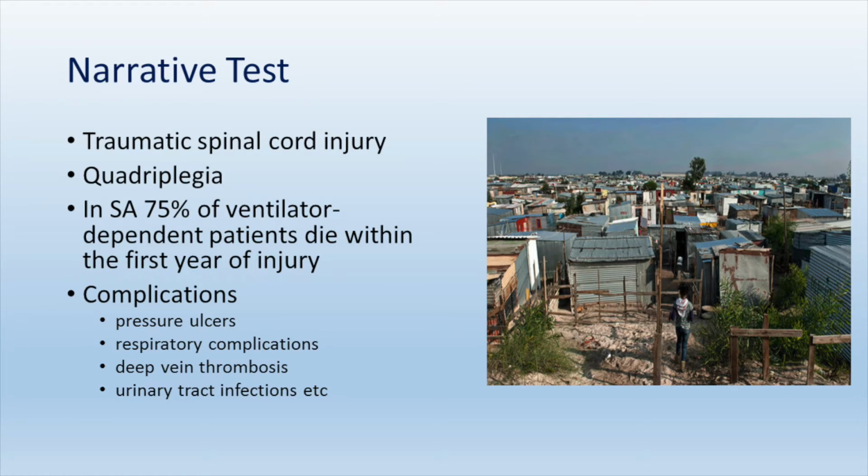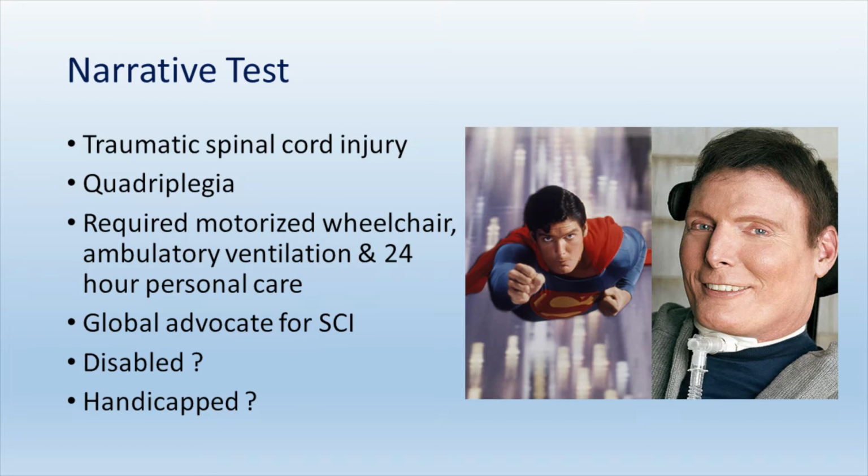And this is someone that we would classically see in the Western Cape with quadriplegia, and he goes back to this sort of environment, and obviously the narrative test should be applied in an individual who scores less than the required 30%. As opposed to Superman, who survived for quite some time despite having a high cord injury.